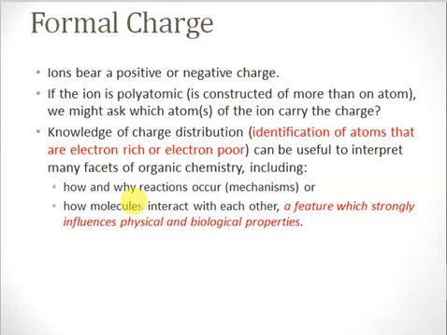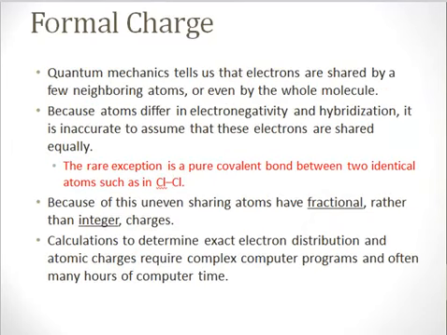These attractions or interactions all depend on electronic charge distribution, right? So it becomes important for us to know which of these atoms has the higher electronic density, or in a polyatomic ion, which atom is actually the bearer of charge, which atom carries the charge, right?